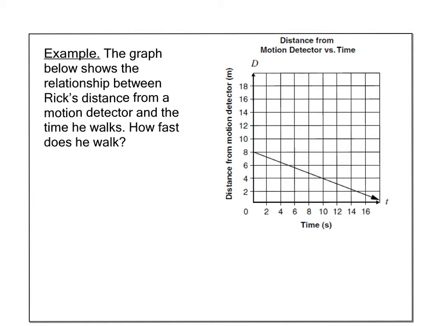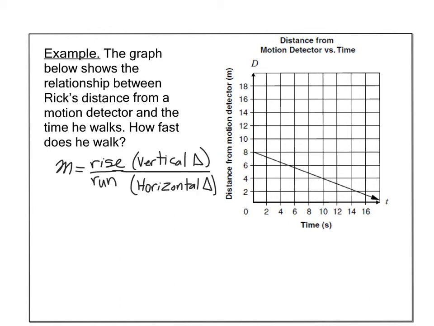So just like any other slope calculation, we're going to be calculating rise over run. So I've written our basic formula here, rise over run, or vertical change over horizontal change. You might notice these little triangles.